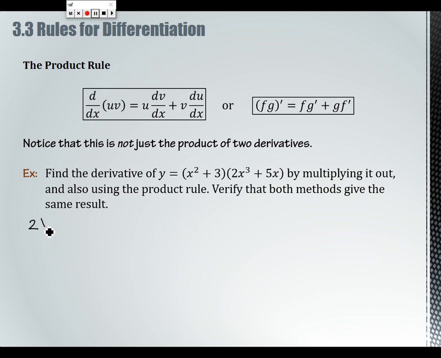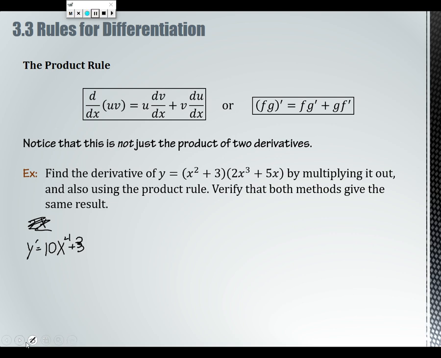Maybe, do you want to just skip the work? Sure. Yeah, just write your final answer. Derek, you coming up? So, I want to make sure everyone's using the product rule correctly, right? You understand you're going to take this function and multiply by the derivative of this function plus this function times the derivative of this function, right?